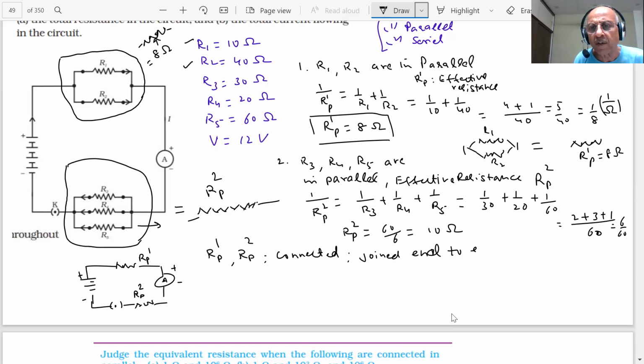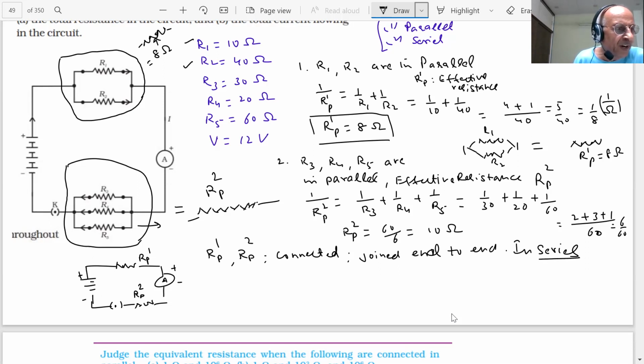Can you see it? That's why I have shown this diagram. They are joined end to end, student. And when they are joined end to end, what will be the result of that? They are in series, student.